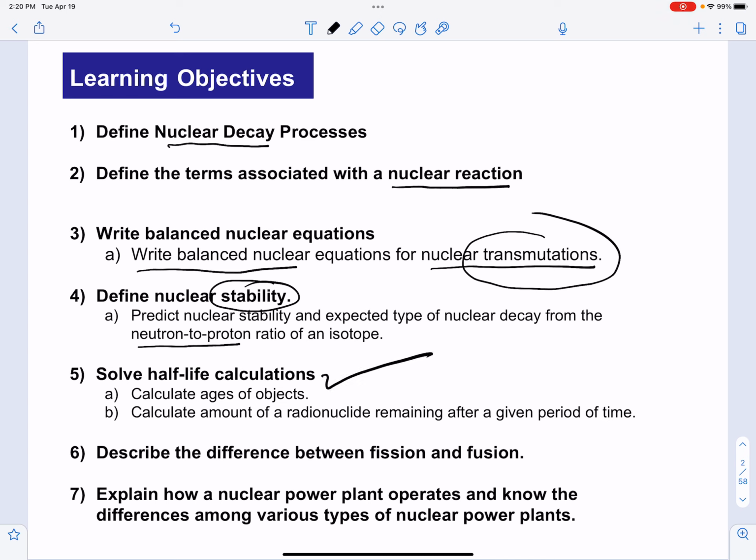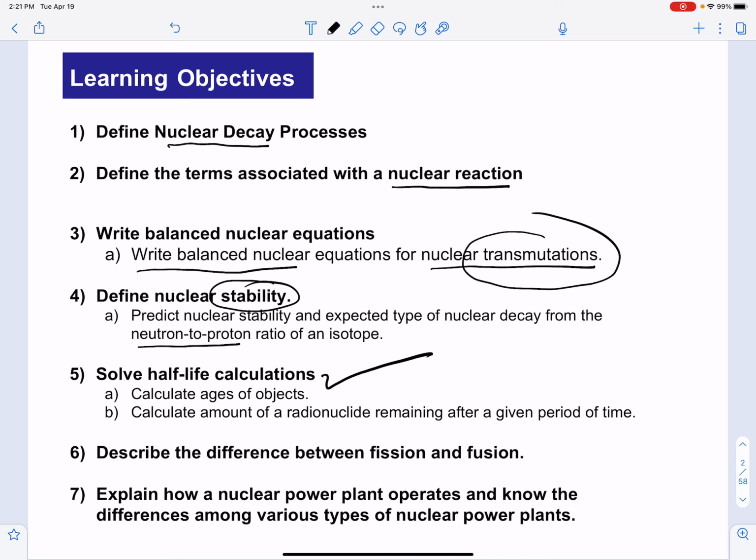And once we do that, we are going to be able to measure how fast these reactions happen, the same way we used to do kinetics with chemical reactions. We're gonna be doing kinetics with nuclear reactions. And what we're going to see is that all of these nuclear decays are going to be first order reactions, which means all those integrated rate laws for first order reactions that you learned, we're going to use here.